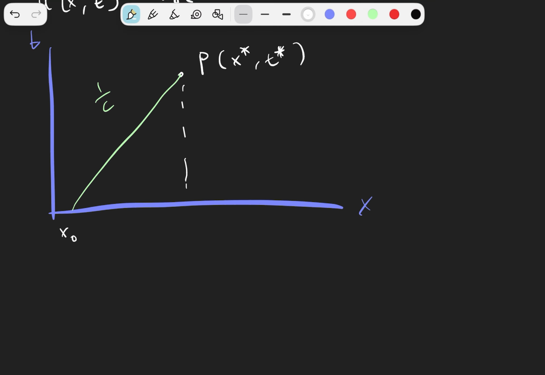And it just looks like some x star minus c t star. All right, and that's essentially what we're going to say. Again, this is called the characteristic curve.